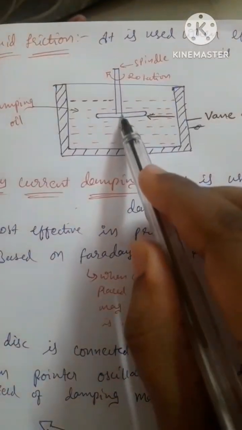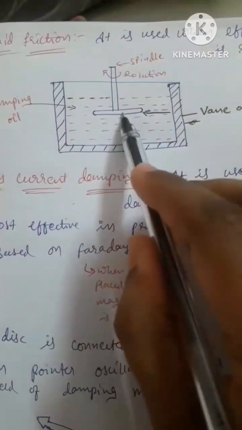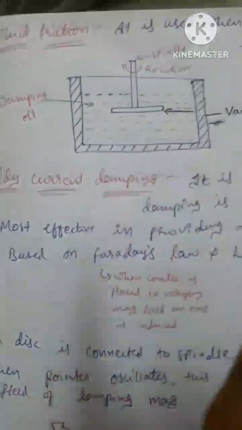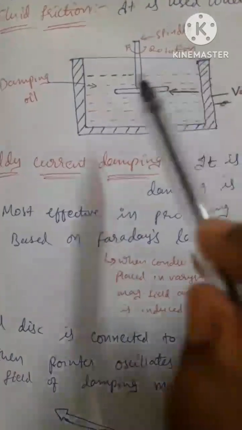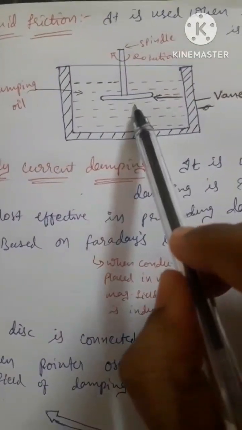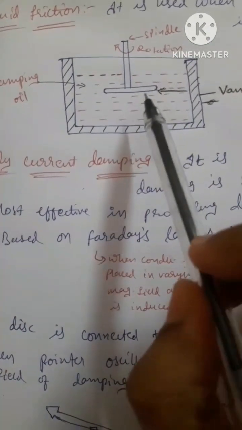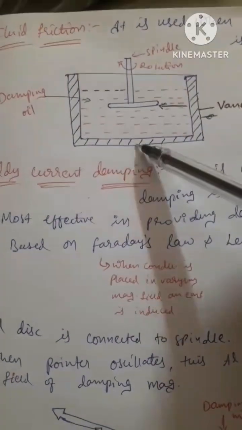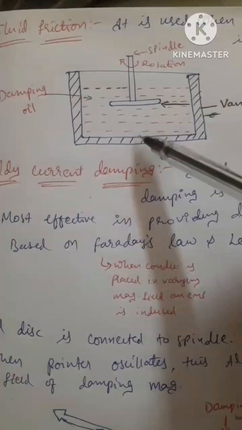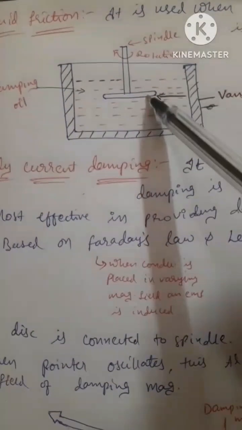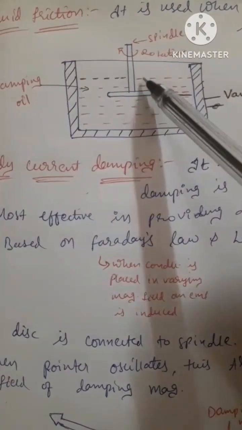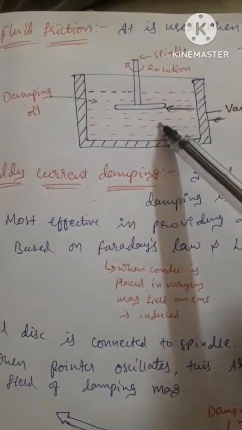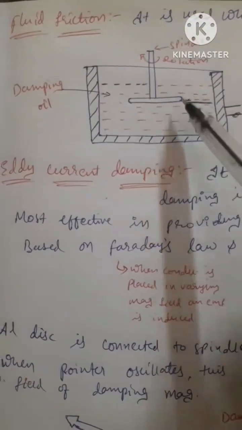So whenever there is a rotation of the disc, the oil is viscous in nature. So due to the viscosity, the damping torque is produced, and it opposes the oscillating behavior of the pointer.